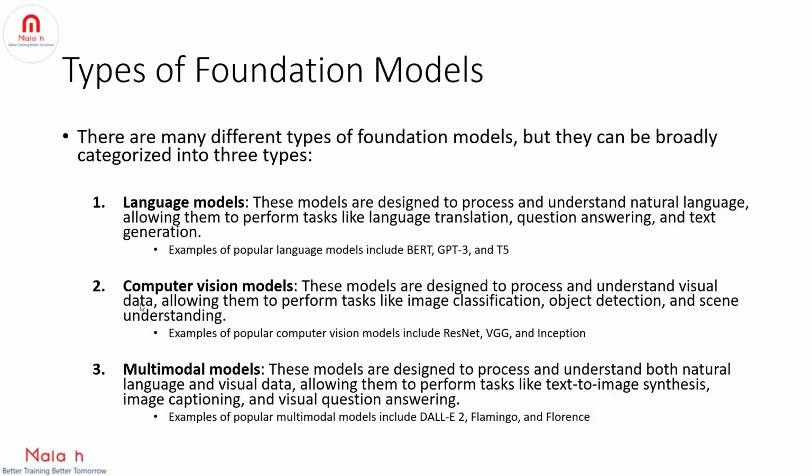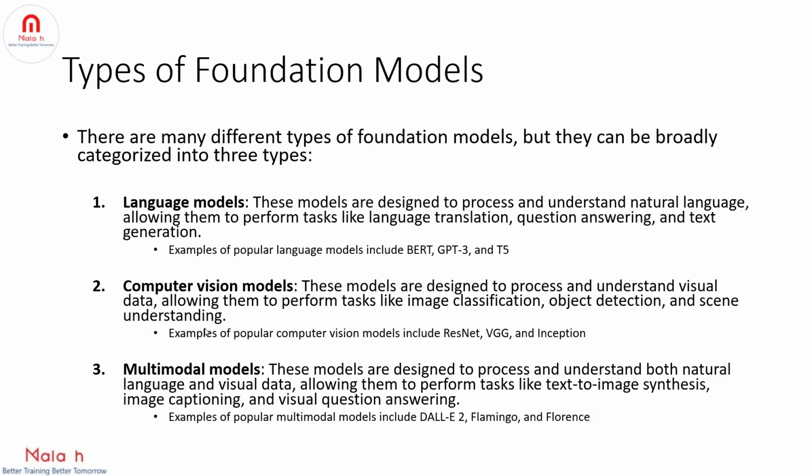And the next one is computer vision models. These models are designed to process and understand visual data, allowing them to perform tasks like image classification, object detection, and scene understanding. Popular computer vision models include ResNet, VGG, and Inception.